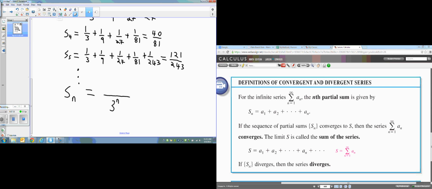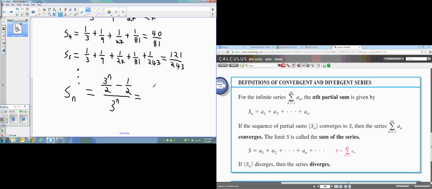So the numerator, once again, is going to be half of the denominator. Half of the denominator is 3 to the nth power over 2. Half of the denominator minus 0.5, which is 1/2.